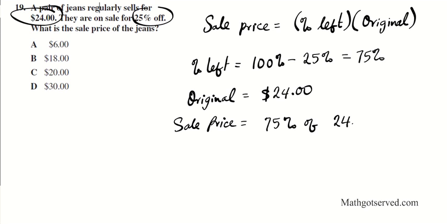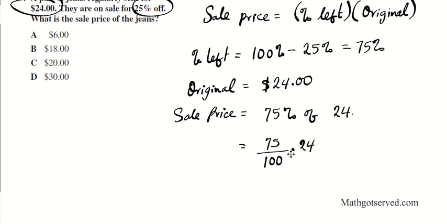Okay, this is in word form. How do we write this in symbolic form, in mathematical form? 75% is basically 75 divided by 100, and then we're going to multiply that by 24. Okay. All right. So let's see if we can reduce this. I know that 25 goes into 100, and also 75. 25 goes into 100 4 times, and 25 goes into 75 3 times. 4 also goes into 24, right?